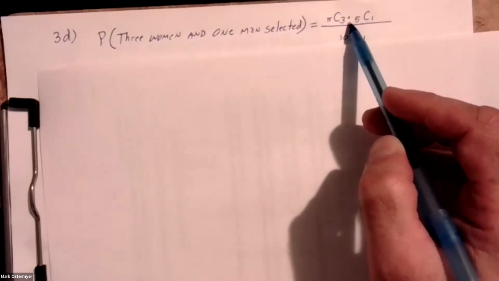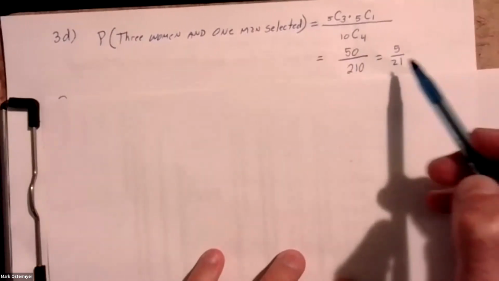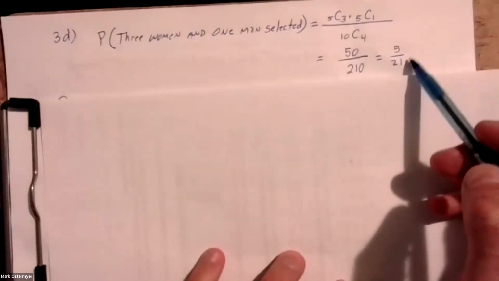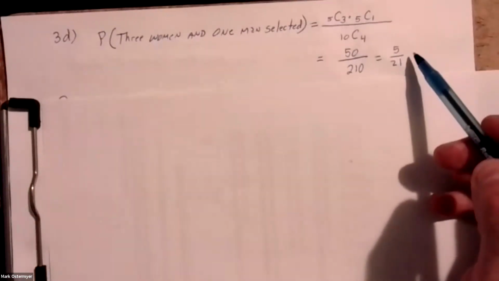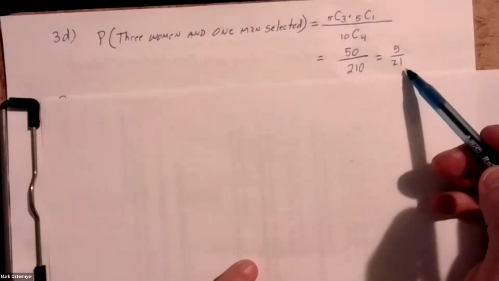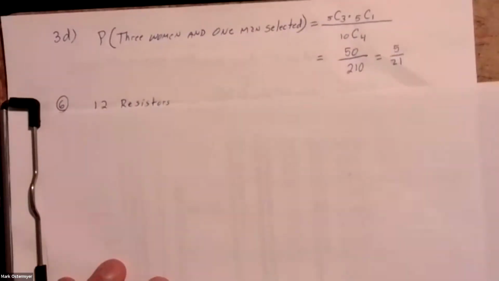That's 5 in combination with 3, times selecting 1 man from 5 men, where order does not matter. 5 in combination with 1. And of course, that's divided by 10 in combination with 4 again. That's going to be 50 divided by 210, which is 5/21. And that's your answer for that problem there.